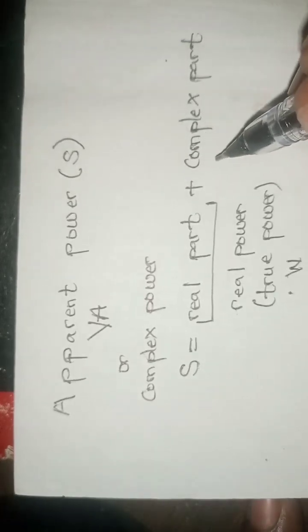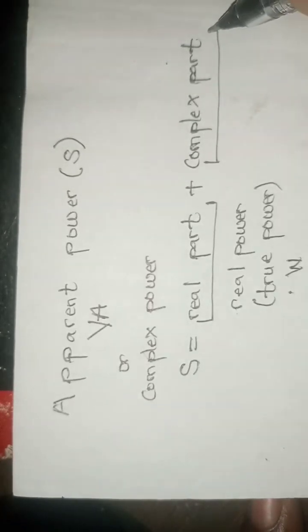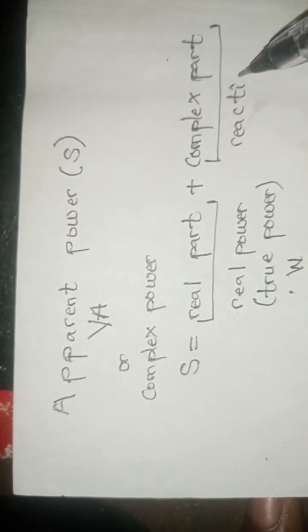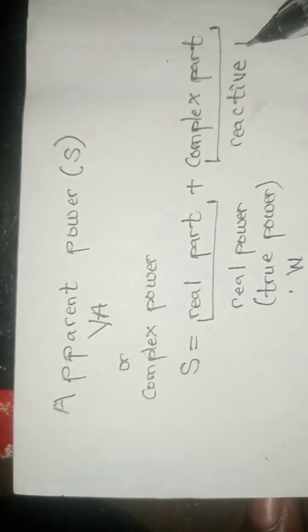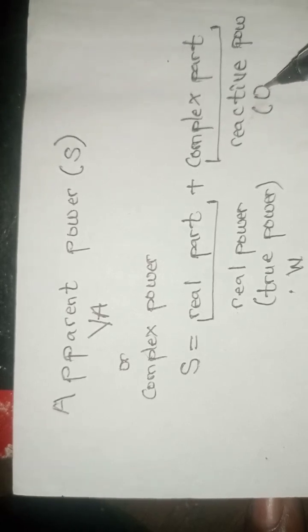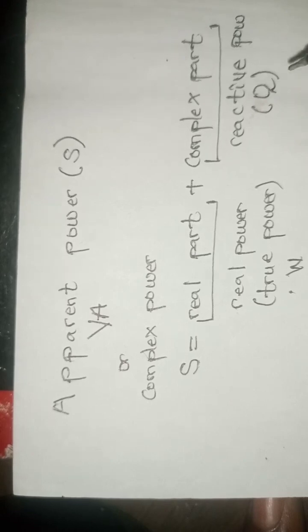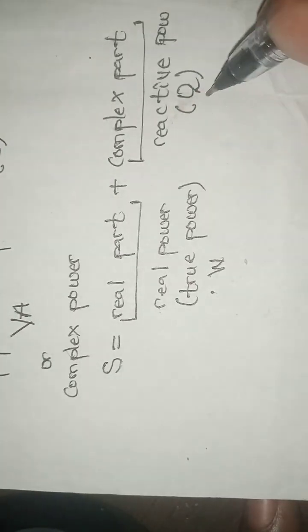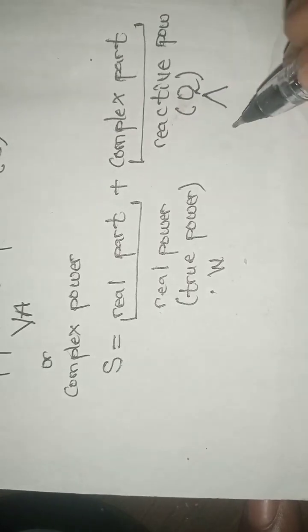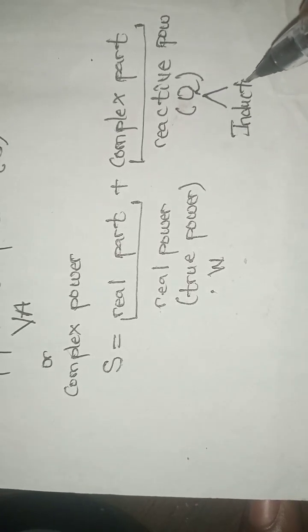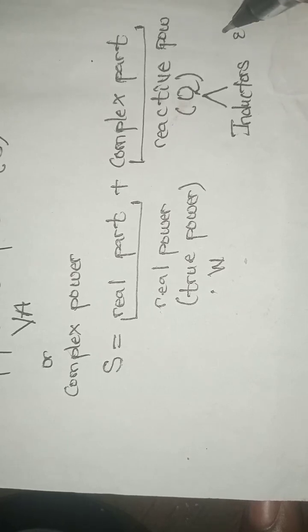Then these complex parts give birth to what we call the reactive power. The reactive power is represented by the letter Q, and it is useful in inductors and capacitors.